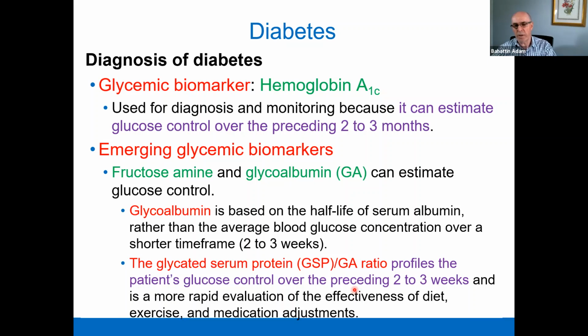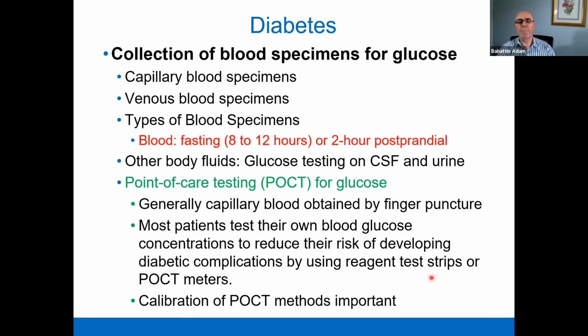After 2 or 3 weeks, you can measure glycoalbumin and calculate the glycated serum protein to glycoalbumin ratio, and see whether your treatment is effective or not.